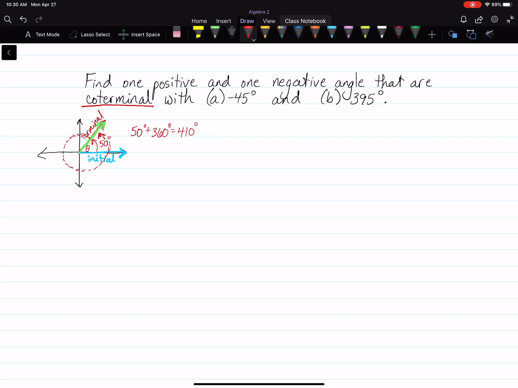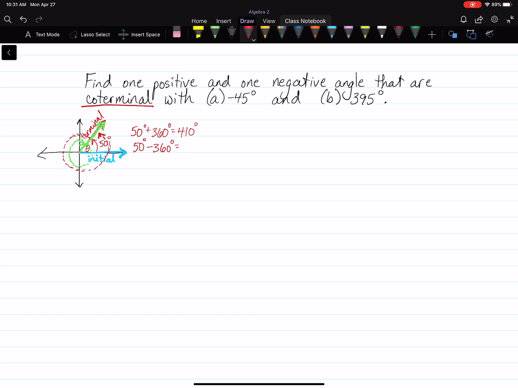Now, you can go that way, or you can go the other direction and be negative, okay? So, also, if I wanted to, I can say 50 degrees minus 360 degrees, because remember, when you go clockwise, it's negative, okay?